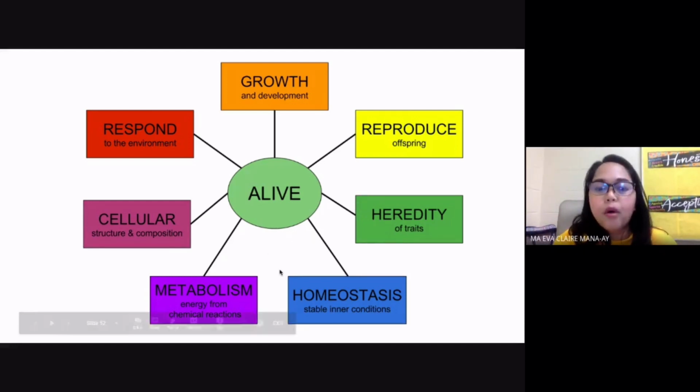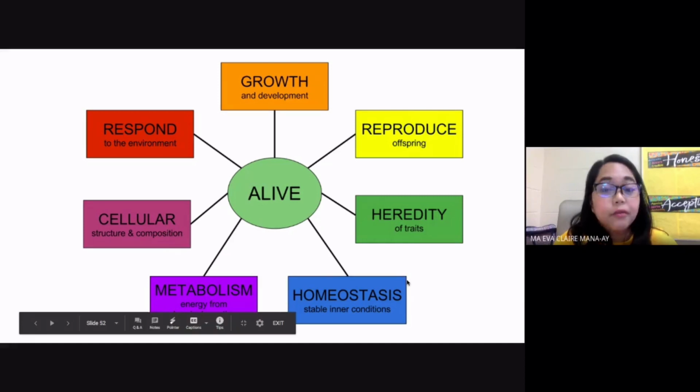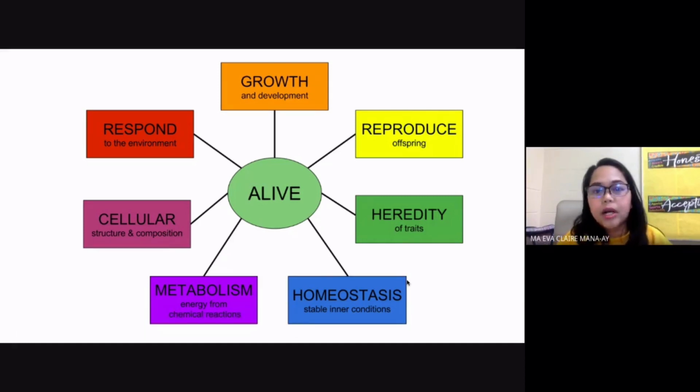Now, fourth, we've talked about this when we studied the different organelles. We said your organelles are doing their specific functions because they want to maintain homeostasis. When you say homeostasis, this is a stable inner condition. This is the internal state of balance. Everything inside your body should be balanced, in normal conditions, optimum conditions.